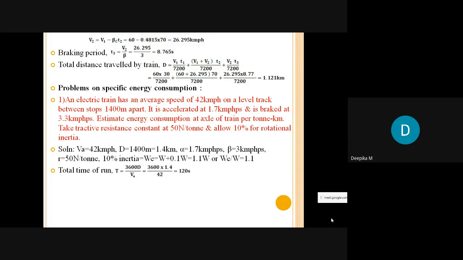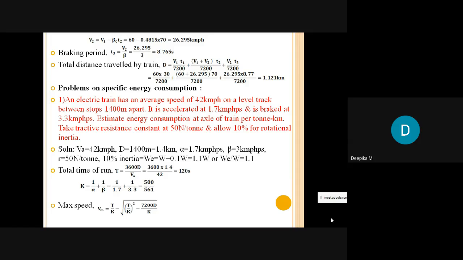Hence, first let us calculate the total time for run, calculated by the formula 3600 D by VA, hence it is 120 second. And first let us calculate the K value, which is 1 by alpha plus 1 by beta, which is 500 by 561.